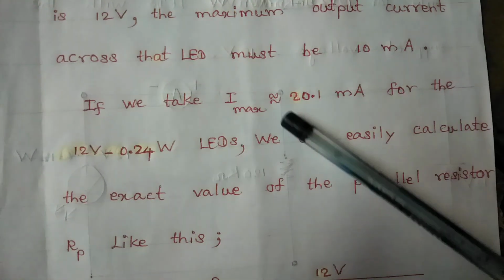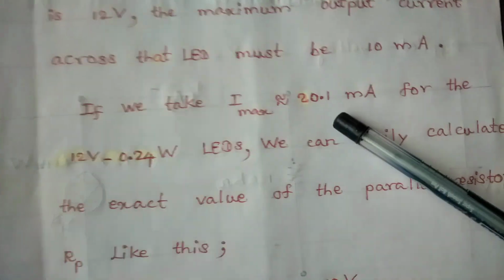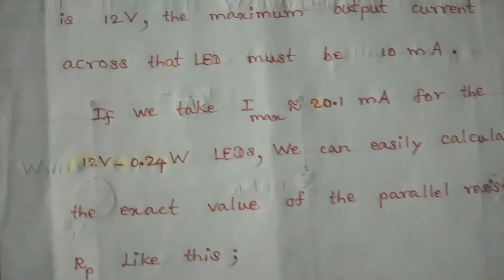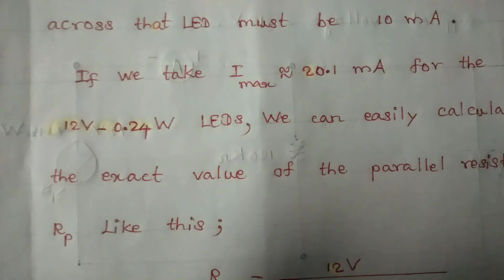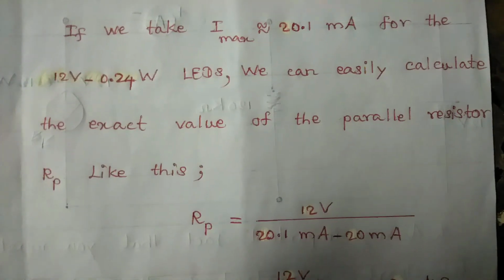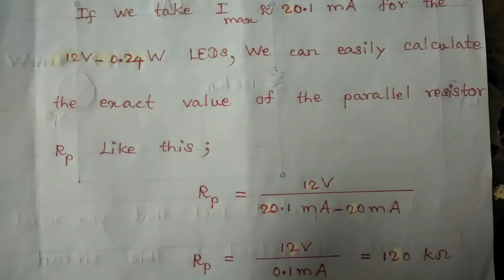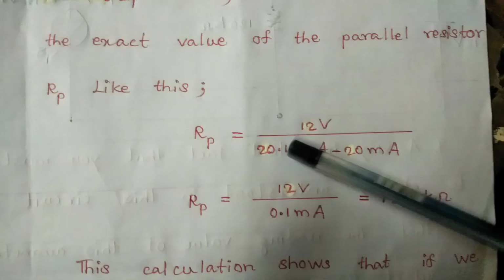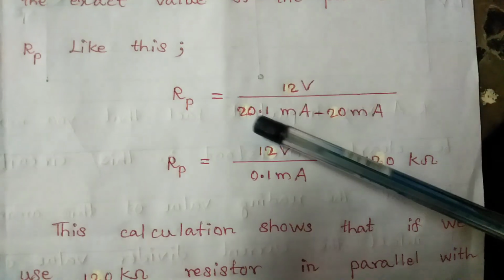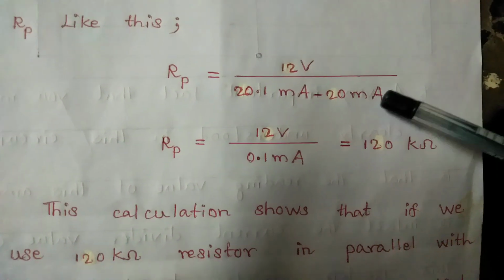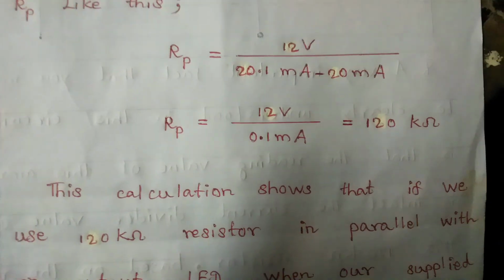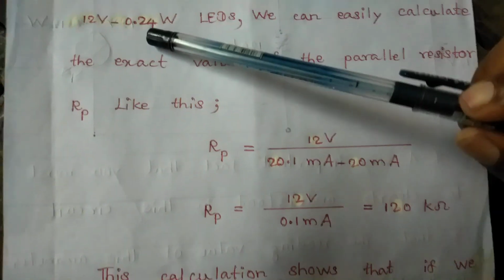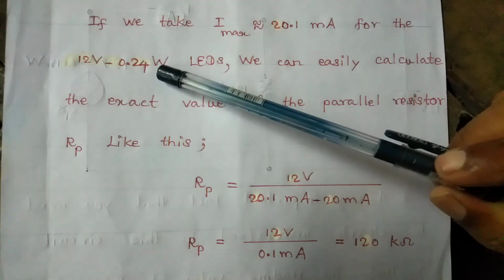If we take Imax approximately equal to 20.1 milliamp for the 12 volt 0.24 watt LED, we can easily calculate the exact value of the parallel resistor RP like this. RP is equal to 12 volts divided by 20.1 milliamp minus 20 milliamp. This 20 milliamp, you know, is the ratio of the power of the LED to its potential difference.